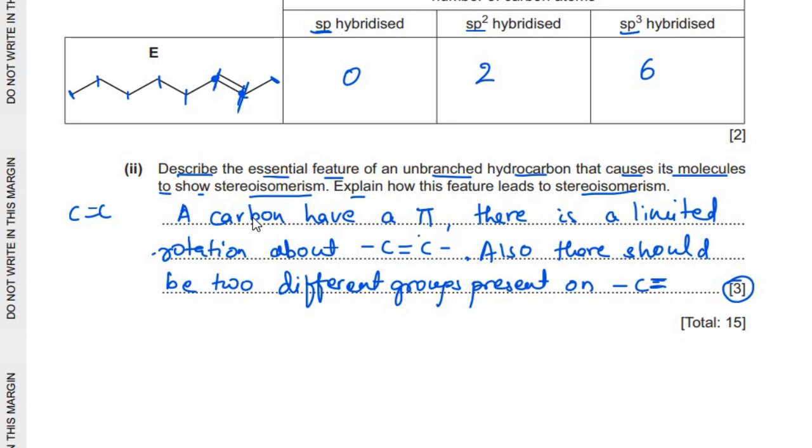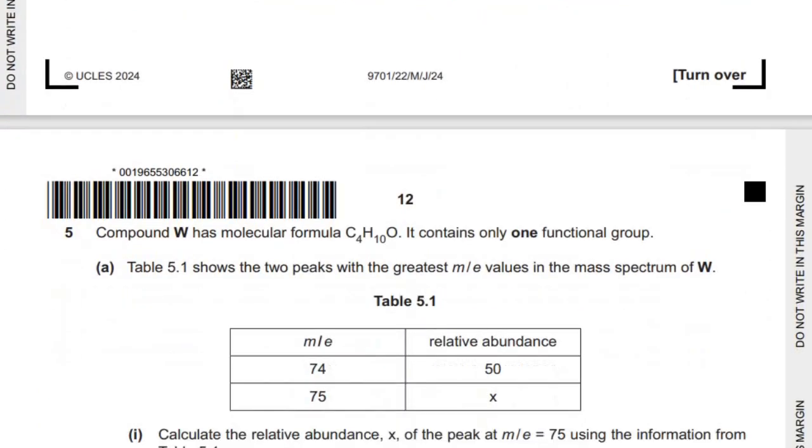Then only the stereoisomerism, that is geometric isomerism, is possible. So you need to write all this for getting 3 full marks, because you need to have 3 valid points to explain how geometric isomerism is possible on the compound carrying the C double bond C. So here our question 4 ends.